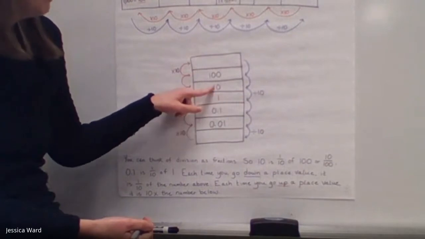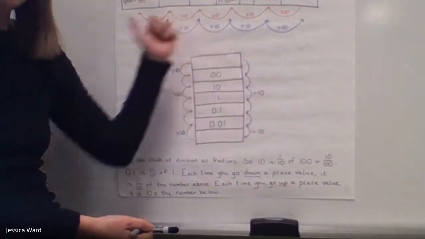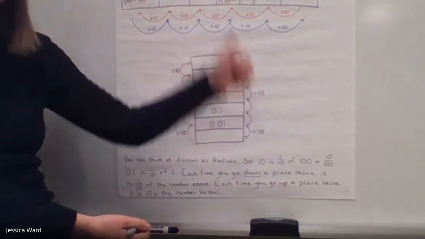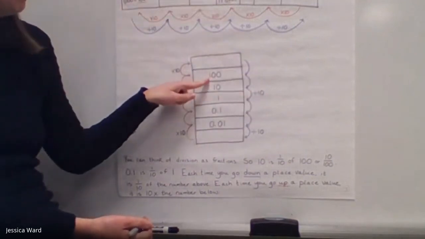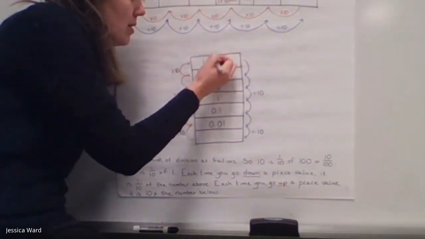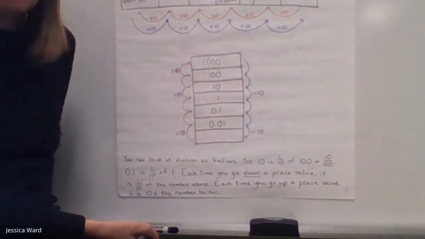They have 1. And then we see that our 1 has moved 1 place value over to the left for 10. And then it's moved over again 1 place value to the left for 100. 1,000 up at the top here, right?